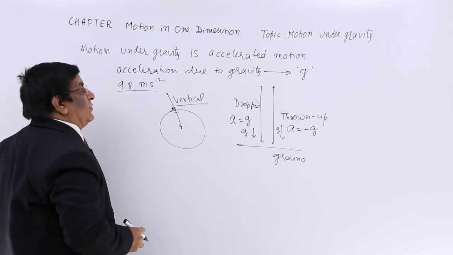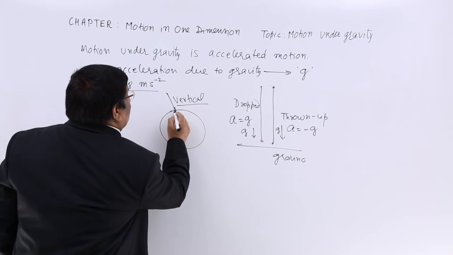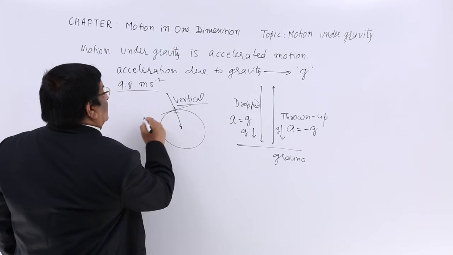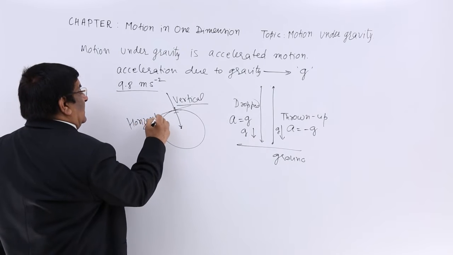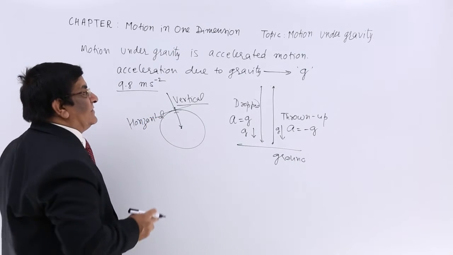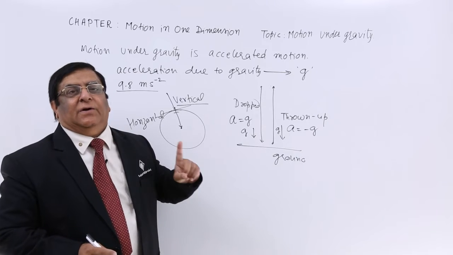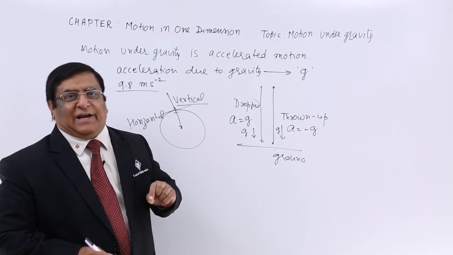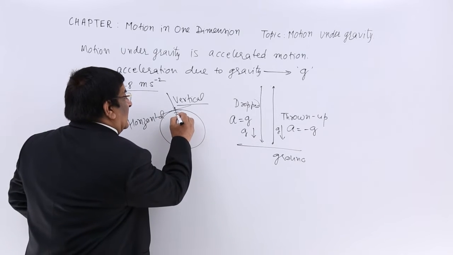This direction is known as vertical, and the direction which is at right angle to this is always called horizontal. Please remember, these are the definitions of the directions vertical and horizontal. Vertical is a direction which is always directed towards the center of the earth.